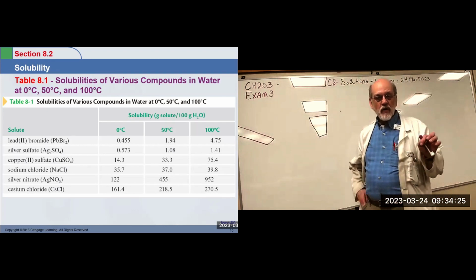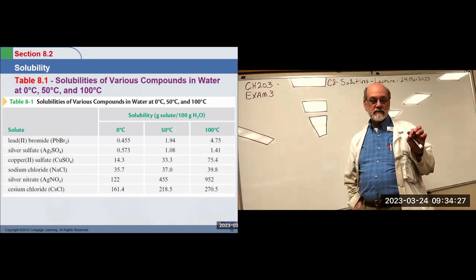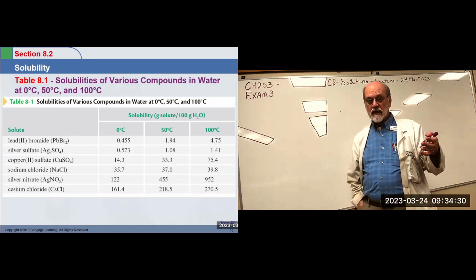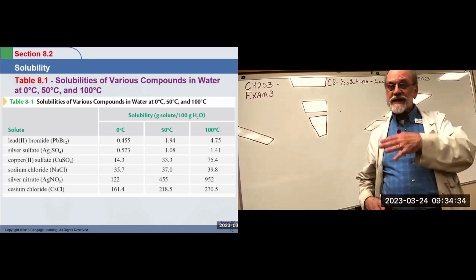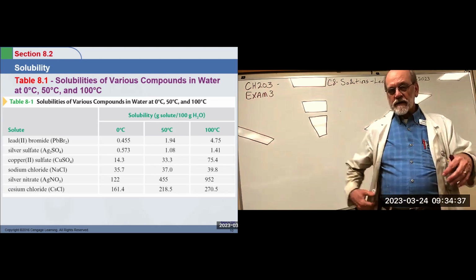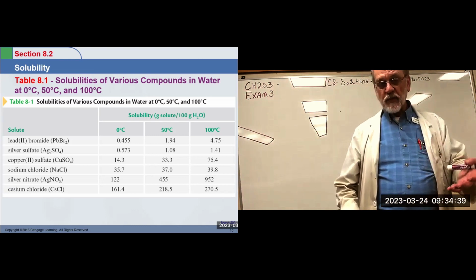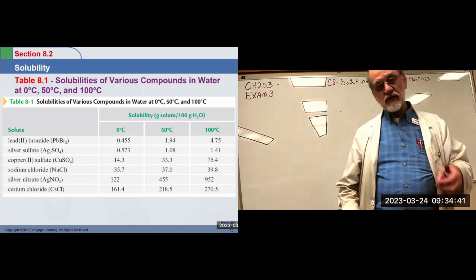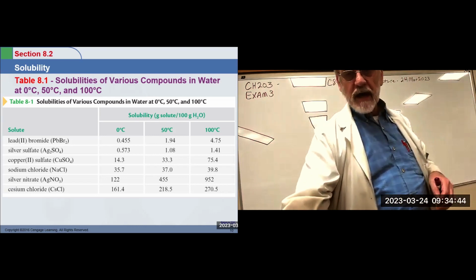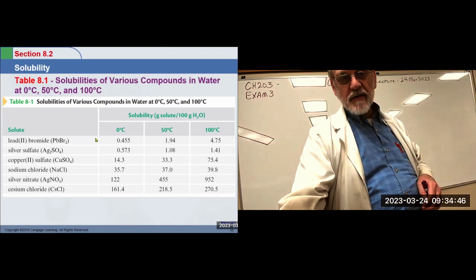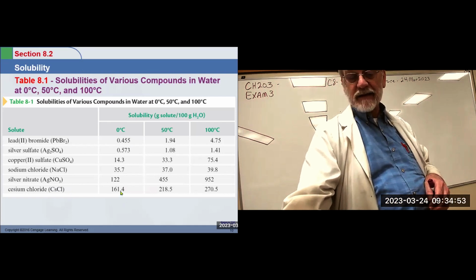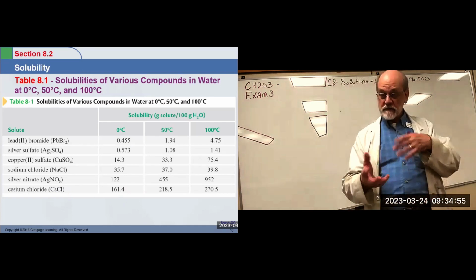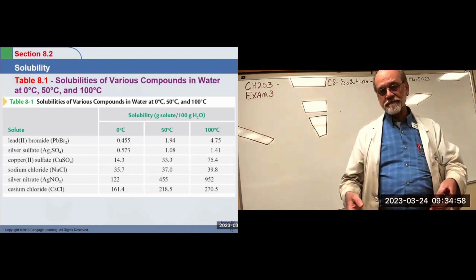Okay, so here we have an example, a table showing solubilities of various compounds in water at 3 different temperatures. So at 0 degrees, or the freezing point of water, assuming it's still liquid, of course, the solubility of lead-2 bromide is very, very low, while the solubility of cesium chloride is very high. So solubility varies with the compound.